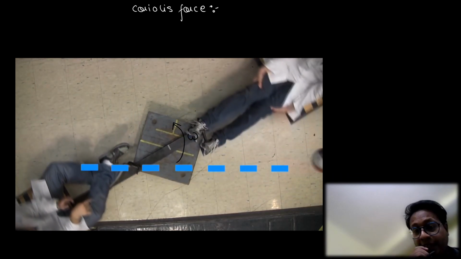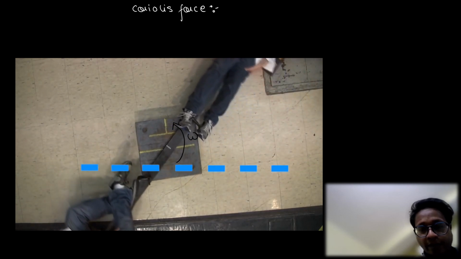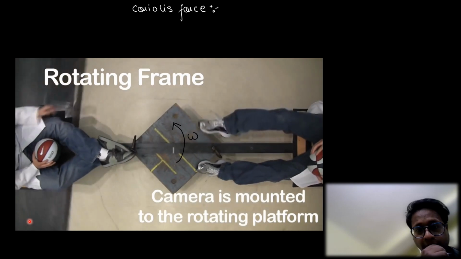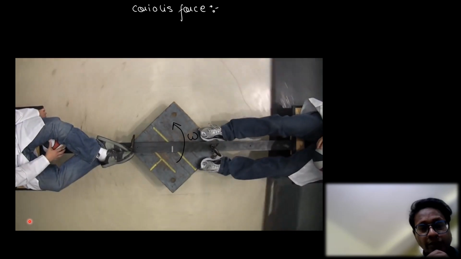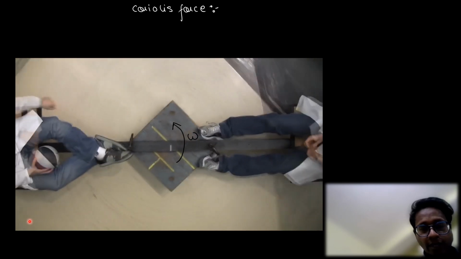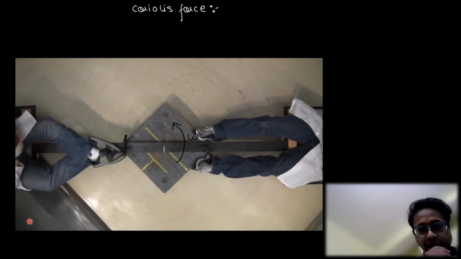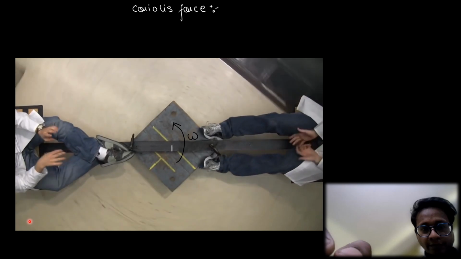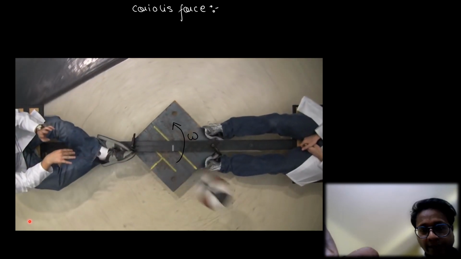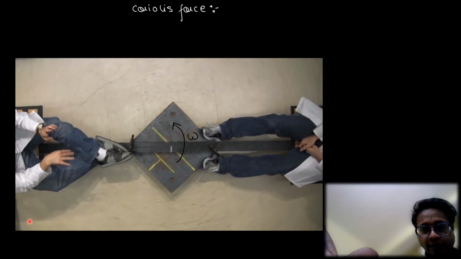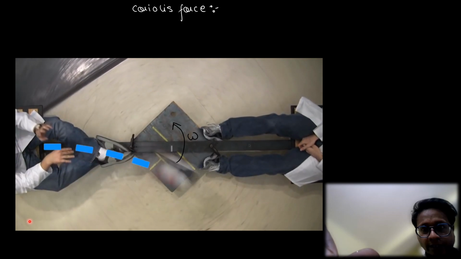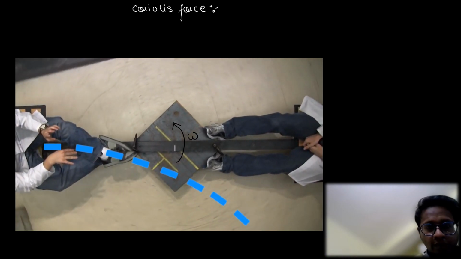The camera itself is not rotating, and when the frame started rotating, now observe the ball. See, this guy threw the ball, and the ball deviated from the straight path. Check this path of the ball.